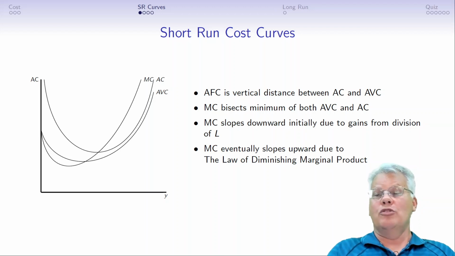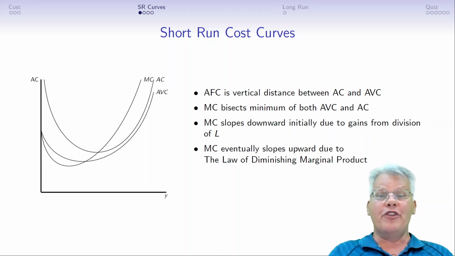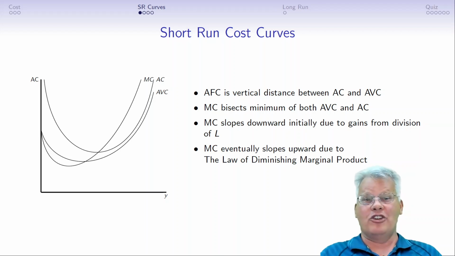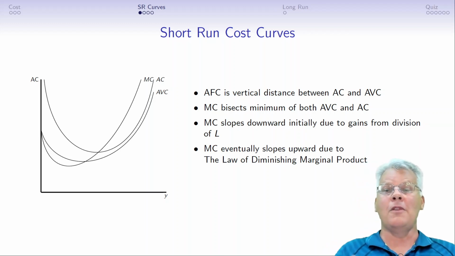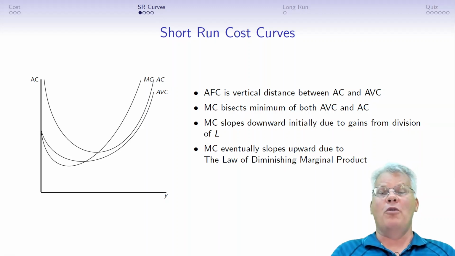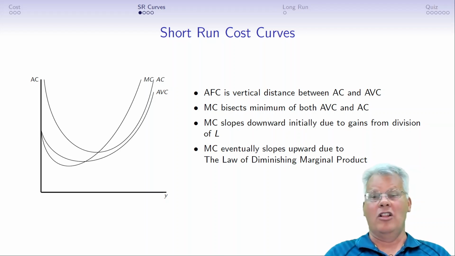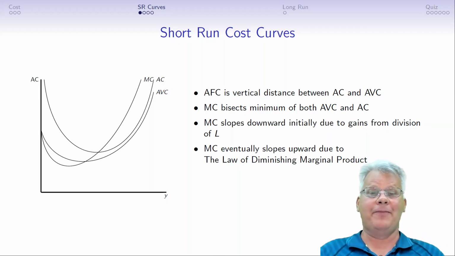But it's still present. Average fixed costs are the vertical distance between average cost and average variable costs for any output level. The marginal cost curve bisects the minimum of both the average variable cost curve and the average cost curve, and I'll have a proof of that in the next slide.